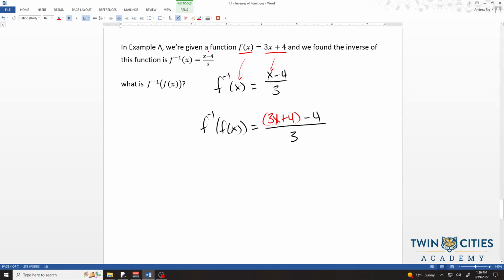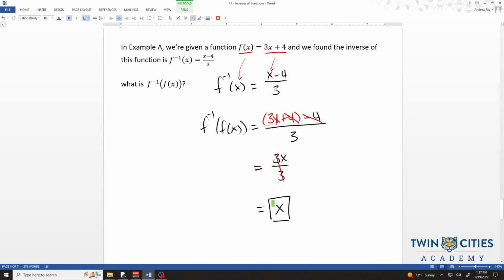Okay, well, 4 and negative 4, 4 minus 4, that's going to go to 0. Let's subtract those out. This leaves 3x over 3. And of course, 3 divided by 3 is 1, so these are going to divide out. And you're left with just x.